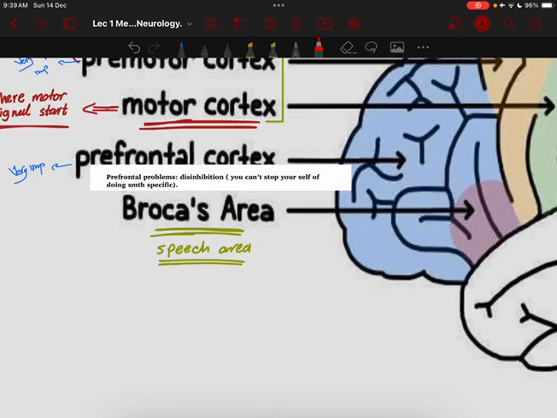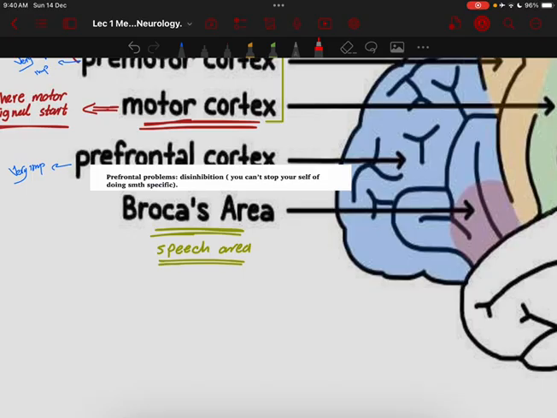Wernicke's, in the temporoparietal area, receives the verbal stimulus and makes analysis, and sends impulses through the arcuate fibers to Broca's area. And Broca's area sends orders to the speech apparatus, pharynx, larynx, tongue, lips, to have proper speech.